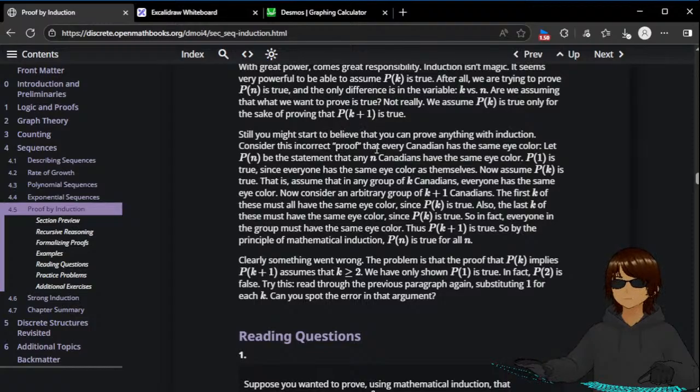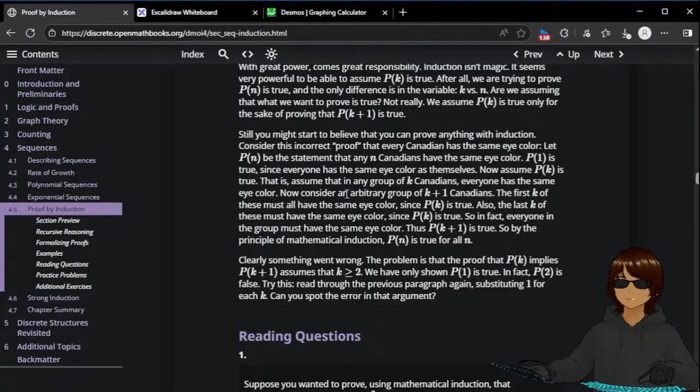Consider this incorrect proof that every Canadian has the same eye color. Let Pn be the statement that any n Canadians have the same eye color. P1 is true since everyone has the same eye color as themselves. Now assume Pk is true. That is, assume that in any group of k Canadians, everyone has the same eye color.